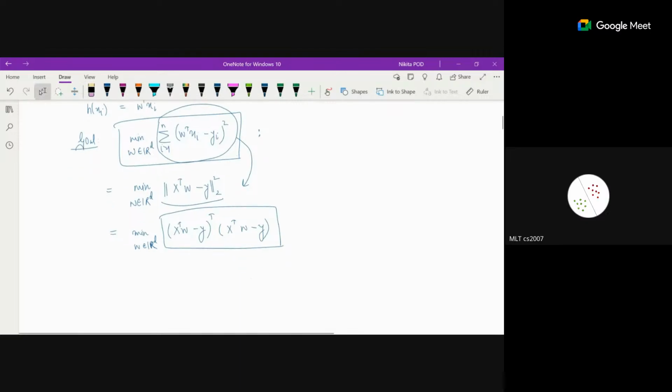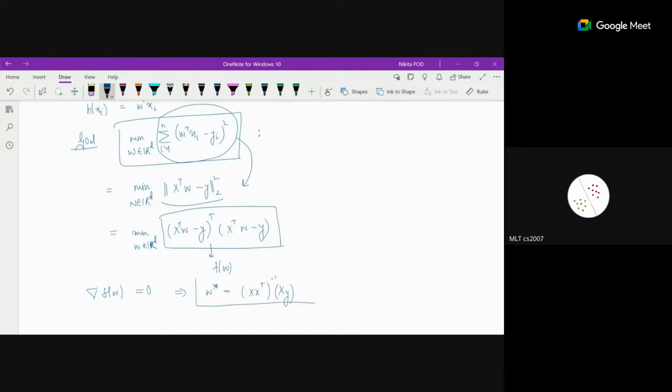So if I say this is my f of w, then if I find the gradient of f of w and equate it to 0, the optimal w that we get is of the form (X X transpose) inverse, or the pseudo inverse, times X y.